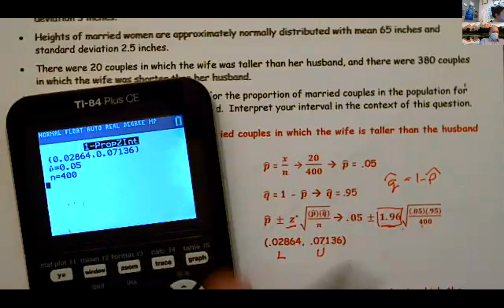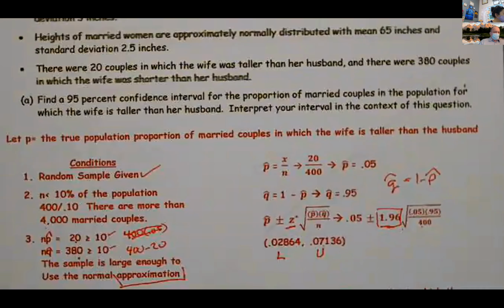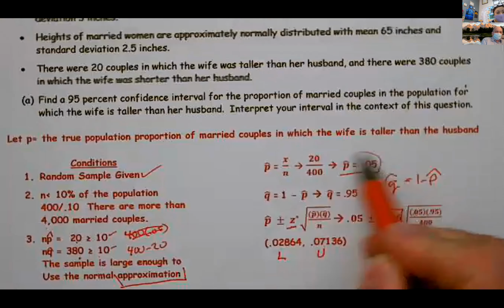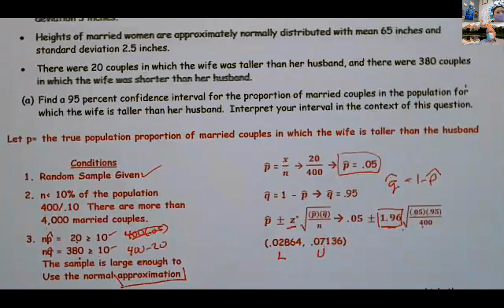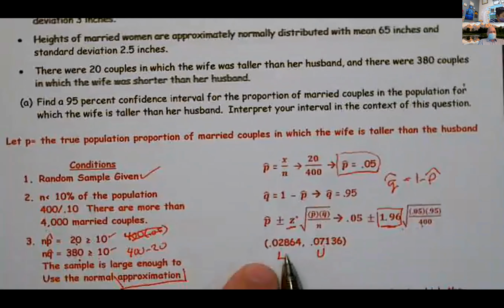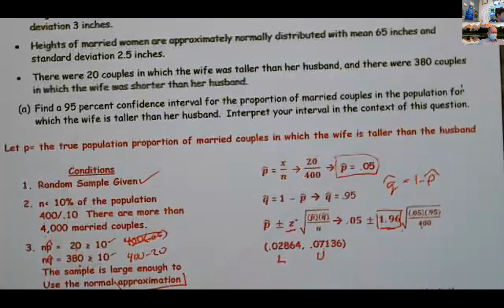And our best estimate, and by the way, this is not what they asked, is always p hat, which is the midpoint. So our best estimate is that 5% of married women are taller than their spouses. But we are 95% confident that the true population proportion lies within this interval.